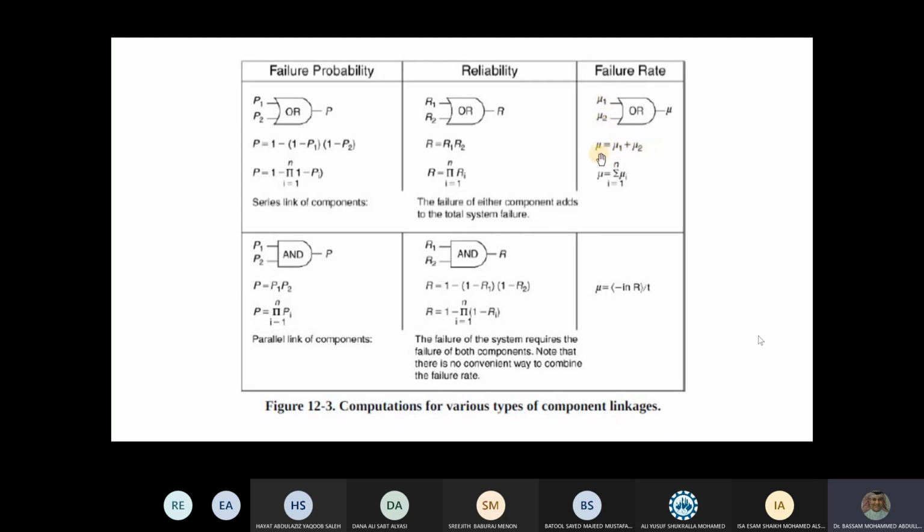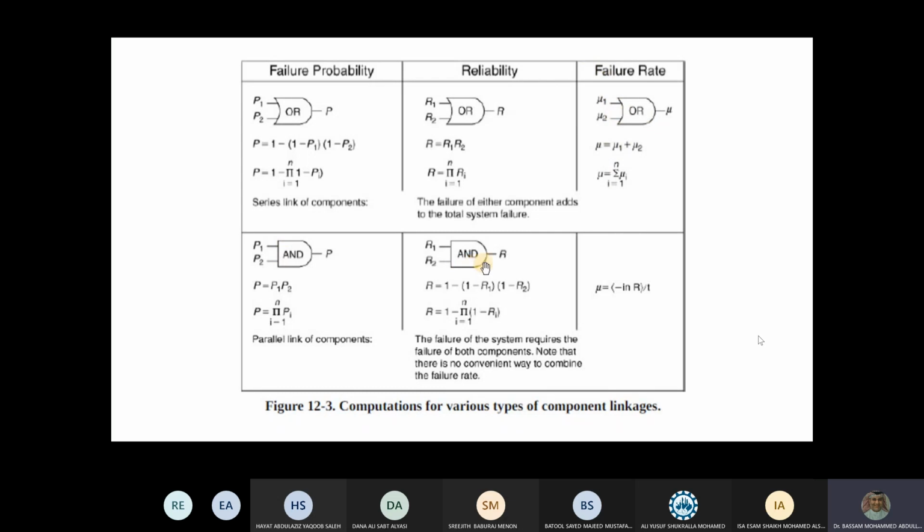Sorry, maybe not the redundancy; more like you have, for example, a valve, and you also have an alarm system here. So this could fail and this could fail. Now, this or this, they are independent of each other, but the total mu will be mu1 plus mu2. So you add the failure rates that you have.